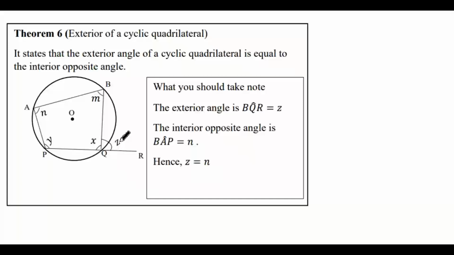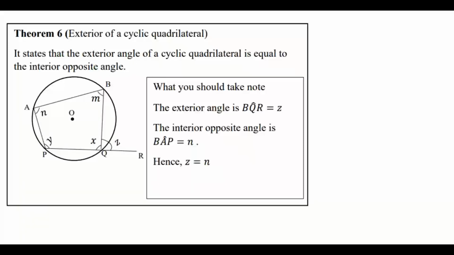Once you have that, the exterior angle will be equal to what? It will be equal to the opposite interior angle. The opposite interior angle to Z is this N. So you can say Z is equal to N. So this is another theorem.